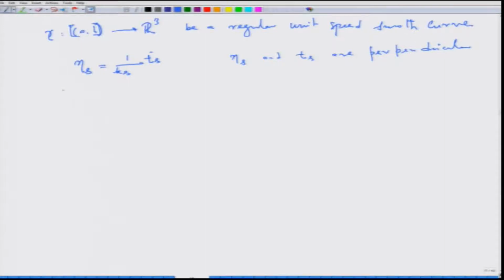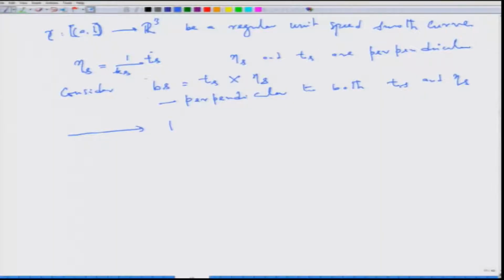Now, consider this vector B(s) equal to T(s) cross product with eta(s). So, this is perpendicular to both T(s) and eta(s). At any point this vector is perpendicular to both the unit normal and the unit tangent vector.